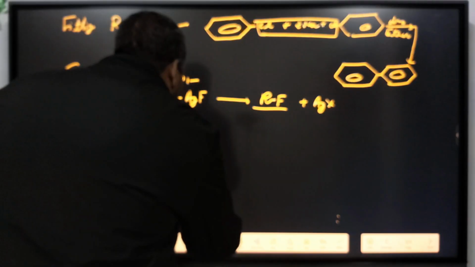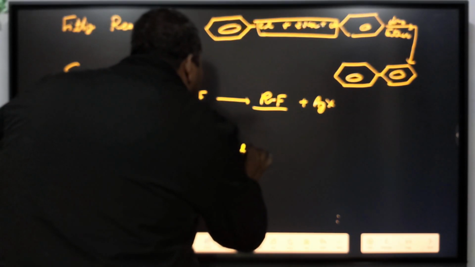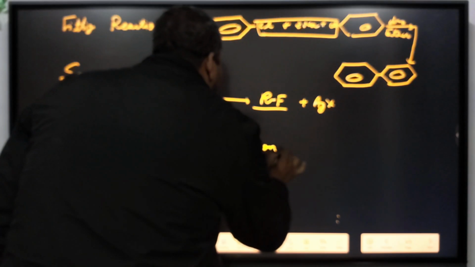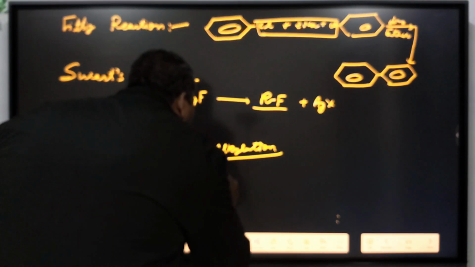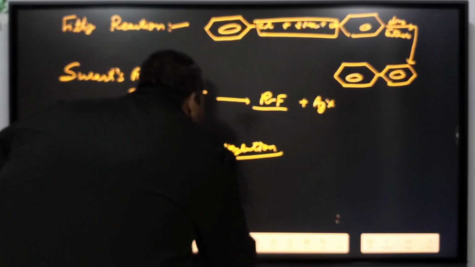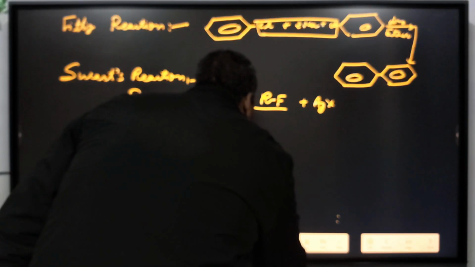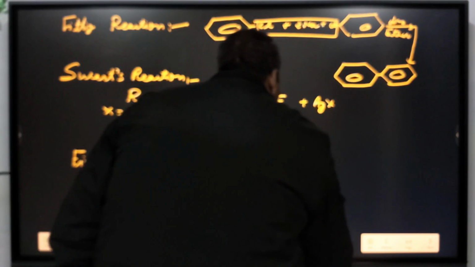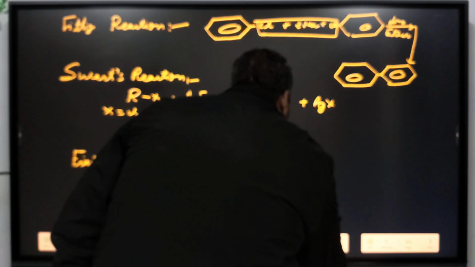For example, Friedel-Crafts alkylation. Here, chlorobenzene reacts with methyl chloride in presence of anhydrous AlCl3.